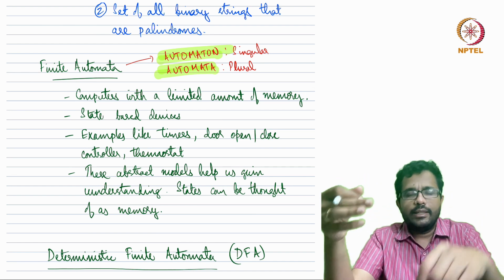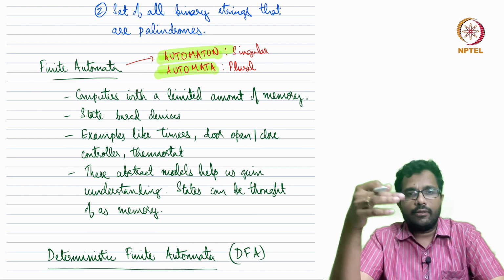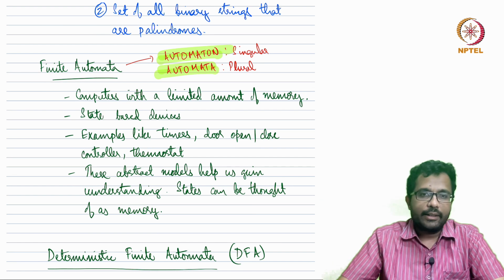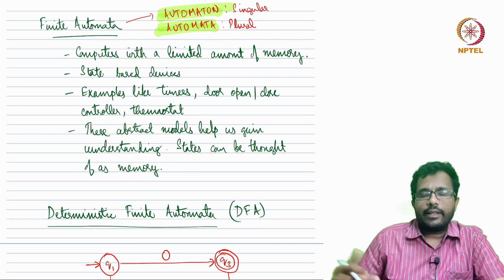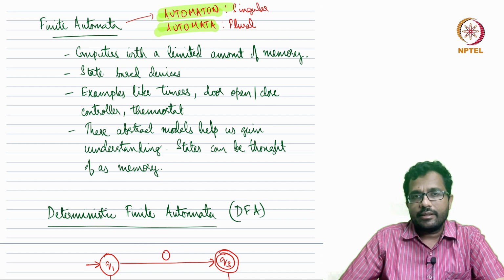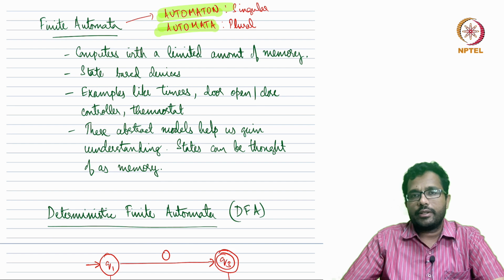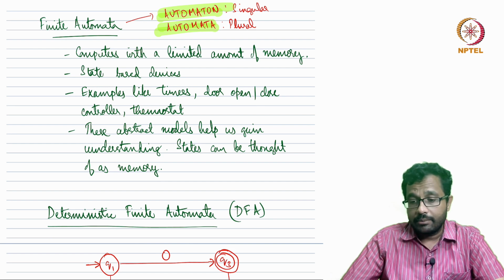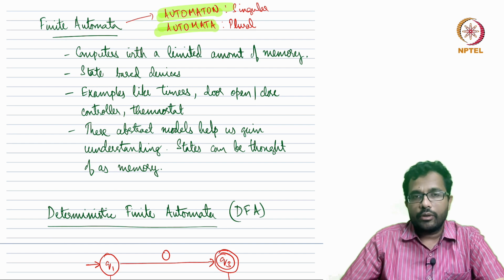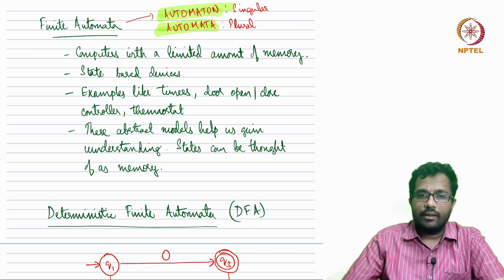I'm not going into the detail of why they are automata or why they are like automata. The goal of studying finite automata is as a precursor to seeing more complex models of computation that we will see later. So we'll first try to understand simpler models before going into more involved setups.